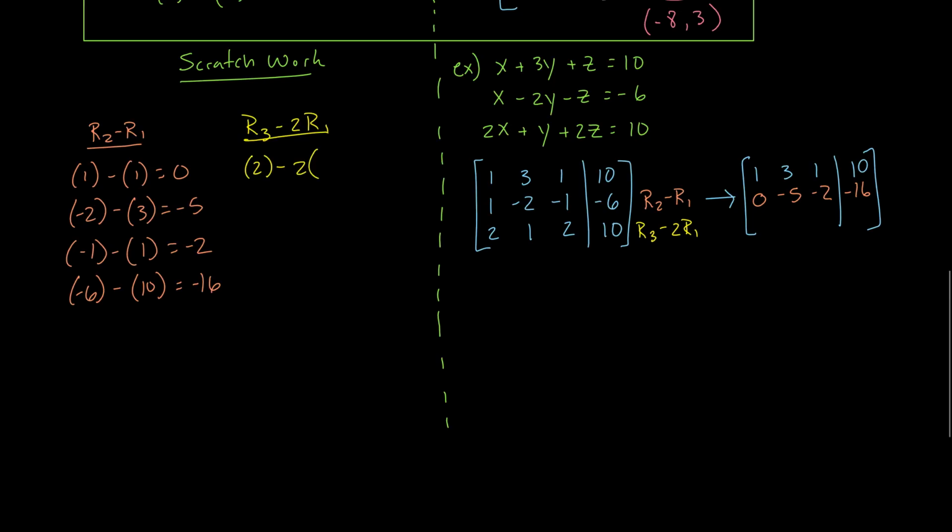Minus 2 times, what's the row 1 value? 1. What's 2 minus 2? 0. Oh, what we wanted. The row 3 y value is what? 1 minus 2 times the y value of row 1. 3. Which 1 minus 6 is?